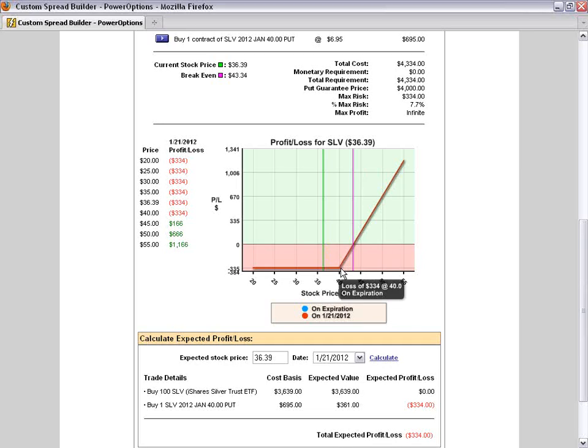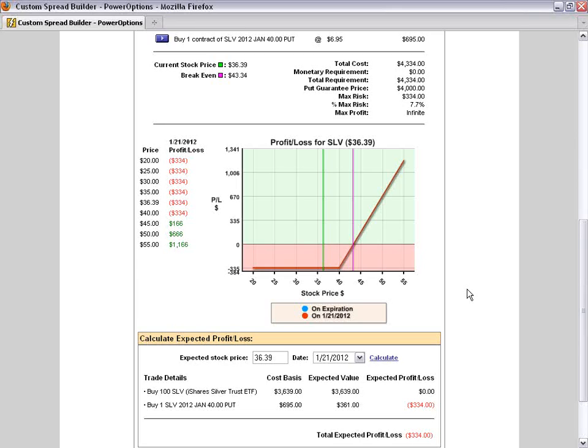If you don't do anything, if you don't close the position, what technically happens for most brokers now, you do want to call your broker and verify how they would handle this internally. But for most brokerage houses, being long an in-the-money put, if they exercise that for you, it essentially means you're shorting stock.